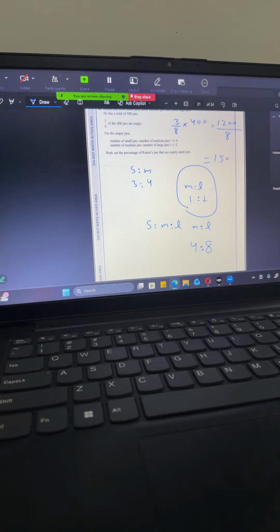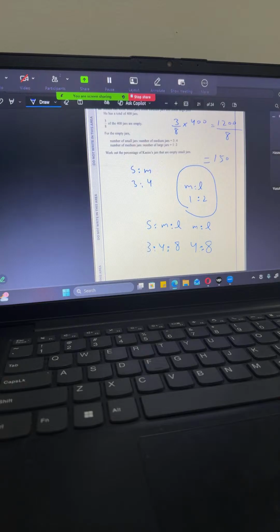When I combine all of those ratios, what do you think I'm going to get? 3 to 4 to 8. Any confusion over here? No, it's all clear. So there are a total of 150 empty jars, and among them 3 are small, 4 are medium, and 8 are large, right?